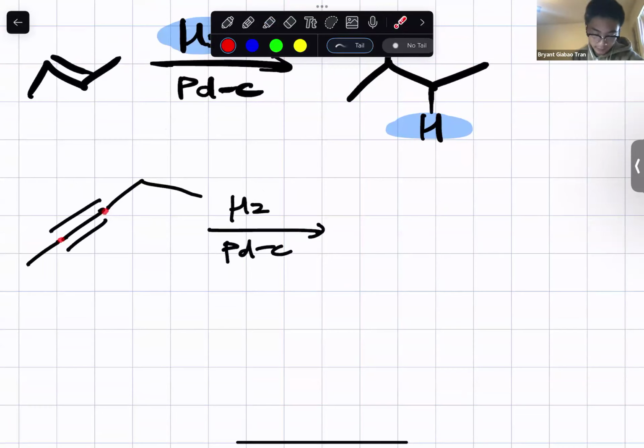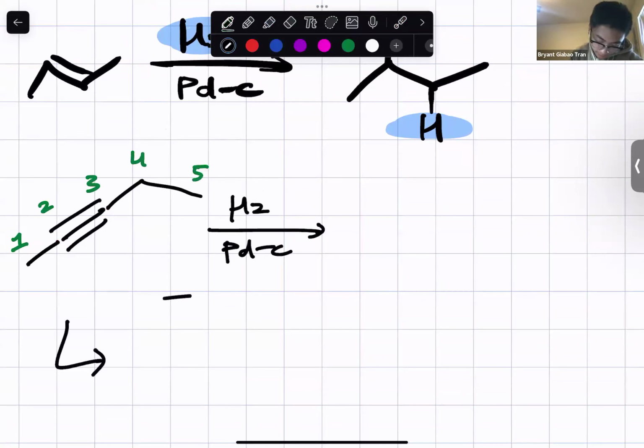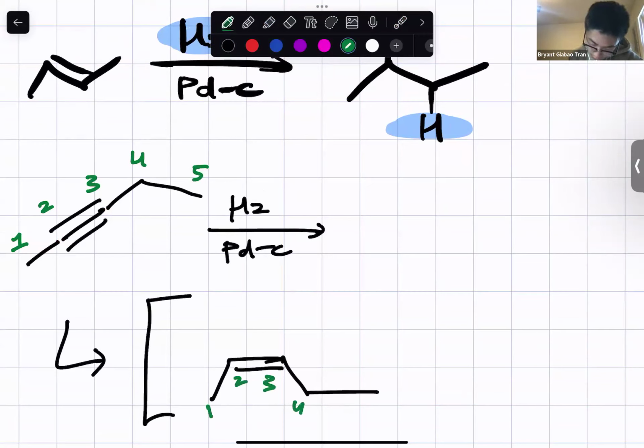It's still syn addition. I like to number my molecule to keep track of everything, so this is 1, 2, 3, 4, 5. The intermediate here is going to look something like this. 1, 2, 3, 4, 5.